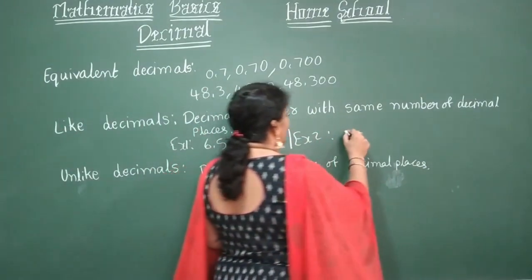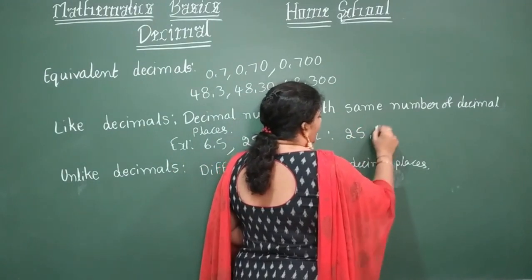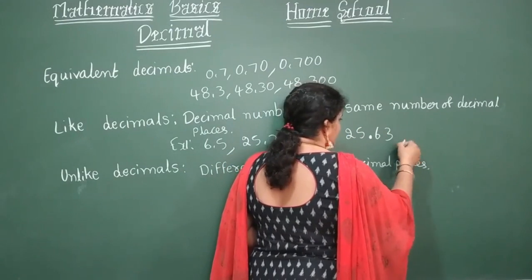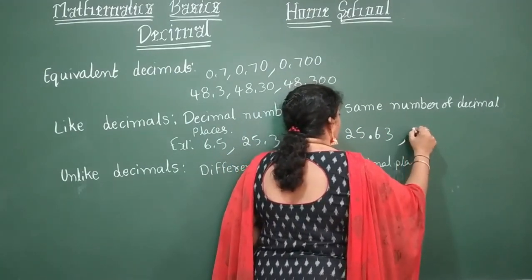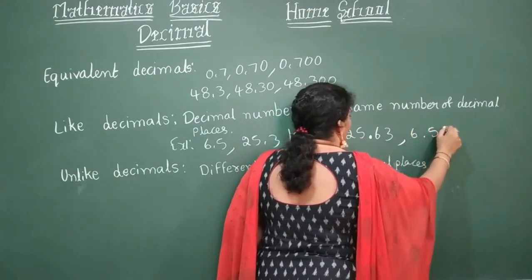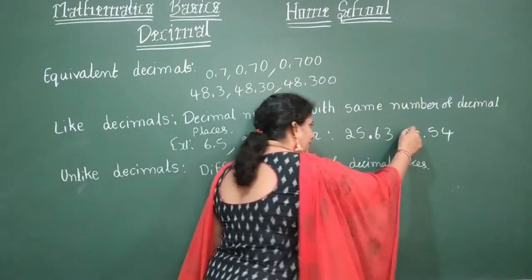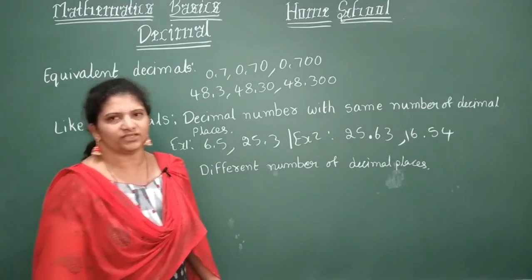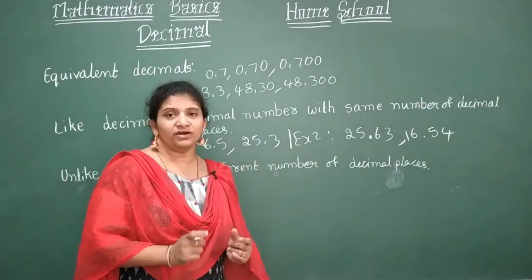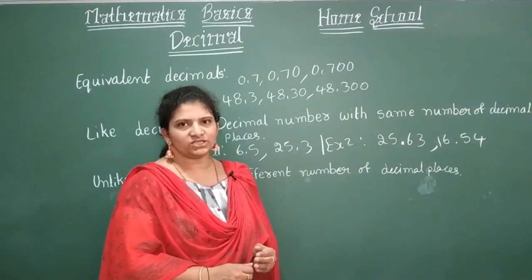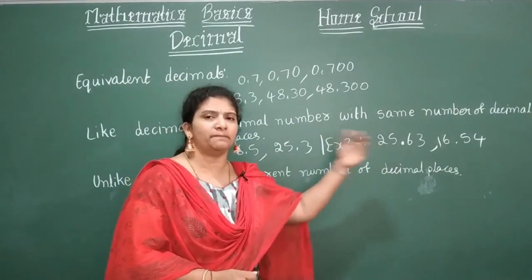Now, next example. 25.63 and 6.54. Look here, observe here, children, or you may take it as 16.54, your wish. So never observe the whole number part. Always try to observe the fraction part.